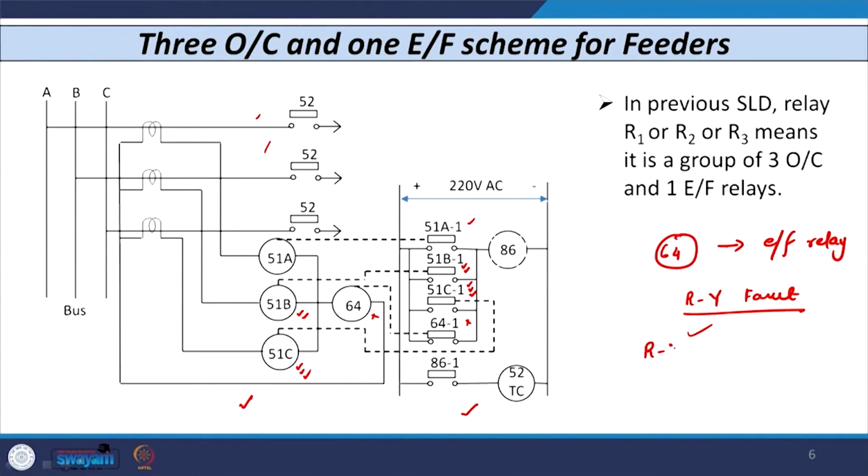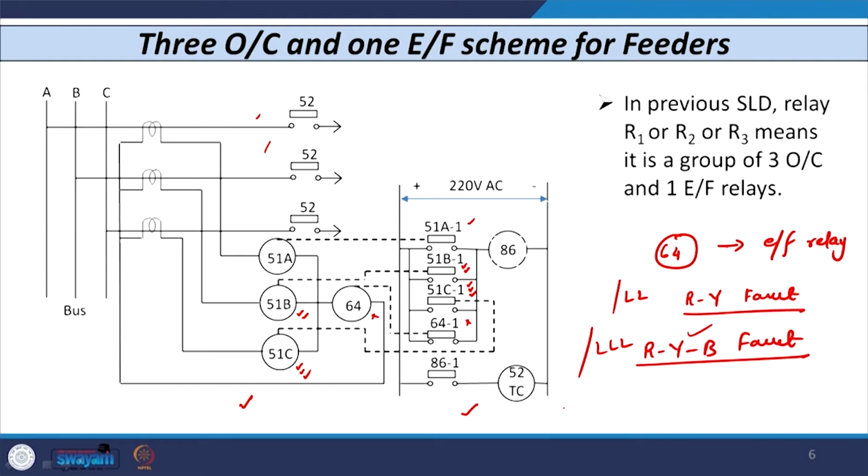If an RYB fault occurs, which is again a triple line fault, then the 3 units 51A, 51B, 51C are all energized and their contacts 51A1, B1, C1 all close and further tripping is initiated. Now, in case of an LL fault or a triple L fault, no current flows through the ground unit, that is 64, because it is a balanced condition.